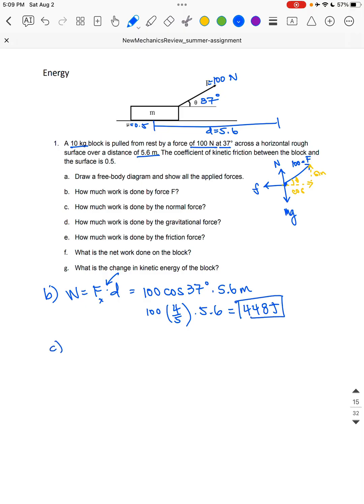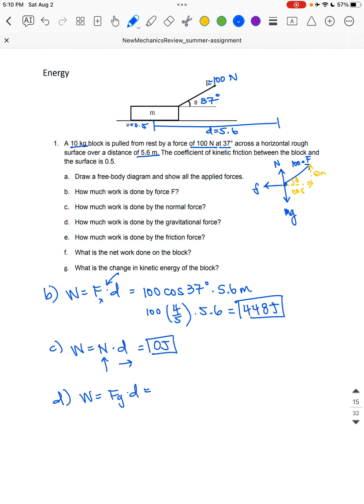For part C, I need to know how much work is done by the normal force. Well, when we look at the normal force dot distance, the normal force is pointing upward. The displacement is pointing to the right. I need a parallel component of force, which there is none, and that means that the work here is 0 joules. Same goes for the work done by gravity.